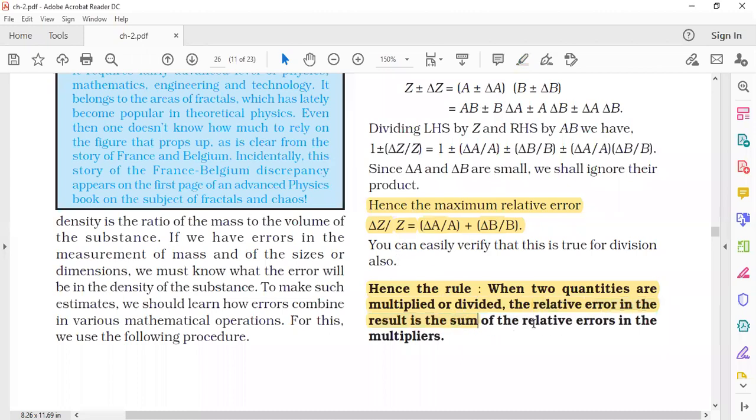The multipliers are A and B. A and B give you Z, whereas delta A by A and delta B by B give the relative errors in A and B. Hence, when two quantities are multiplied or divided, the relative error in the result is the sum of relative errors in the multipliers. Let me cross check.